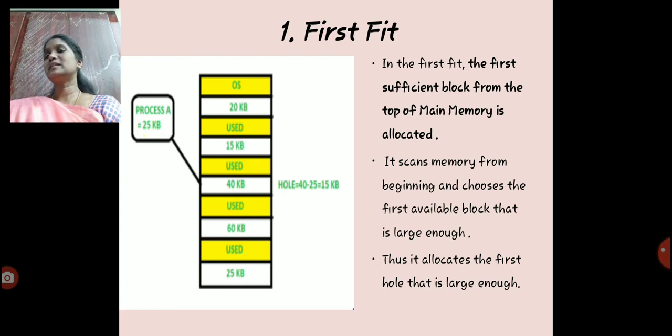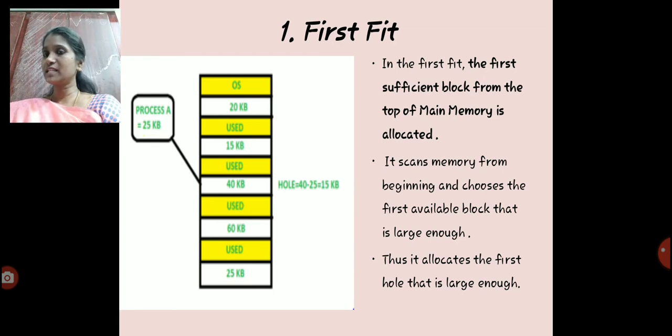See the example. This is process A, which is of size 25 KB. The first partition is reserved for the operating system. The next partition is 20 KB. It cannot occupy the 25 KB job, so the third partition is used. The next one is only 15 KB. It cannot occupy 25 KB, then the next portion is used.